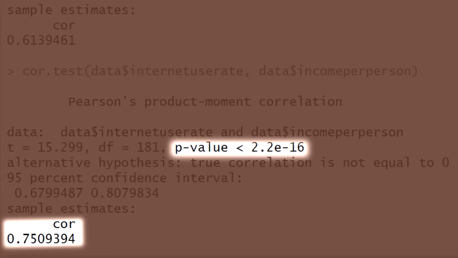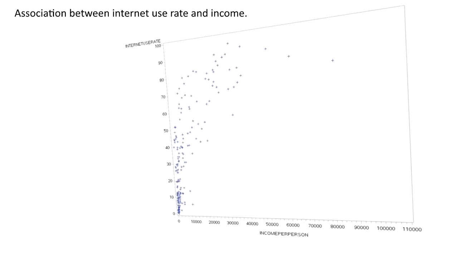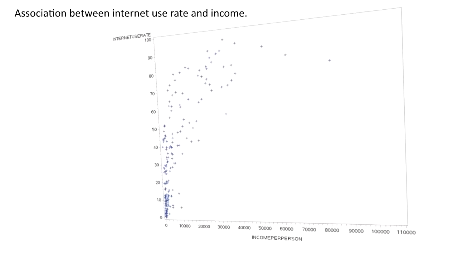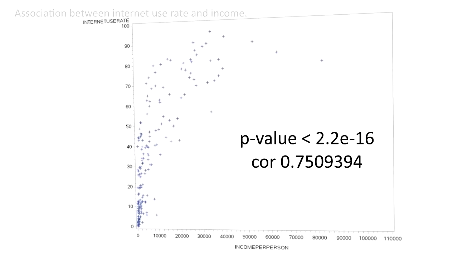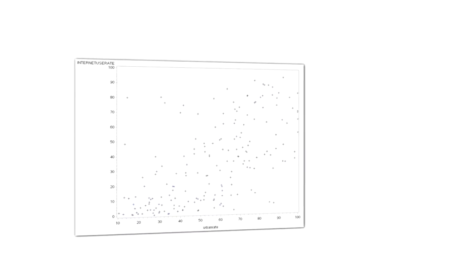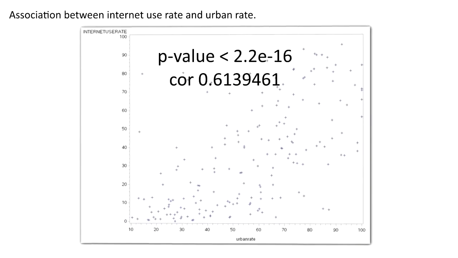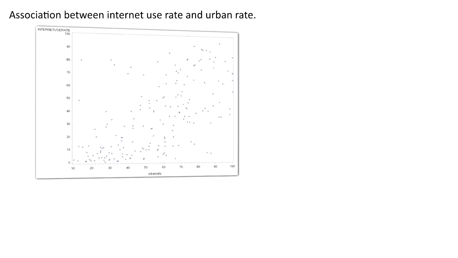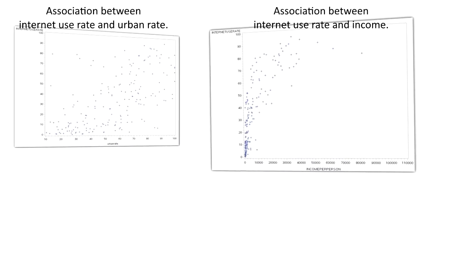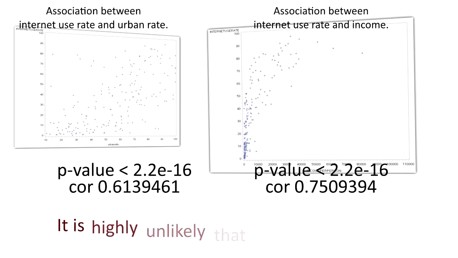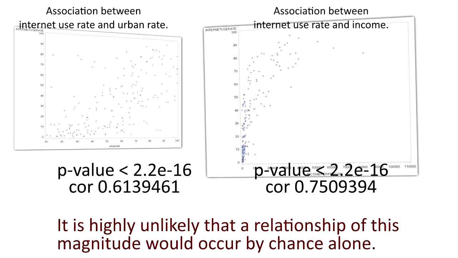Now we can actually interpret the scatter plots and the coefficients together. The association between internet use rate and income is fairly strong, and it's also positive, as the scatter plot had already shown us. The association between internet use rate and urban rate is also positive, but slightly more modest at 0.61. Both are statistically significant. That is, for both associations, it's highly unlikely that a relationship of this magnitude would be due to chance alone.